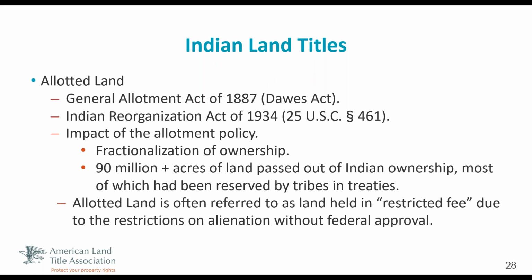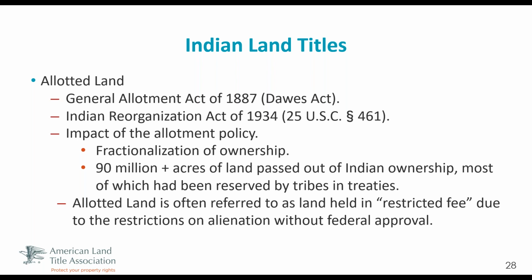You also see a reference to the Indian Reorganization Act of 1934. This act ended the allotment process, but the damage had been done, and the allotment process resulted in over 90 million acres of land being removed from Native American ownership and control. So today, there's still allotments that are subject to restrictions, but most of the original allottees are deceased, and their allotments have been passed on to their heirs.